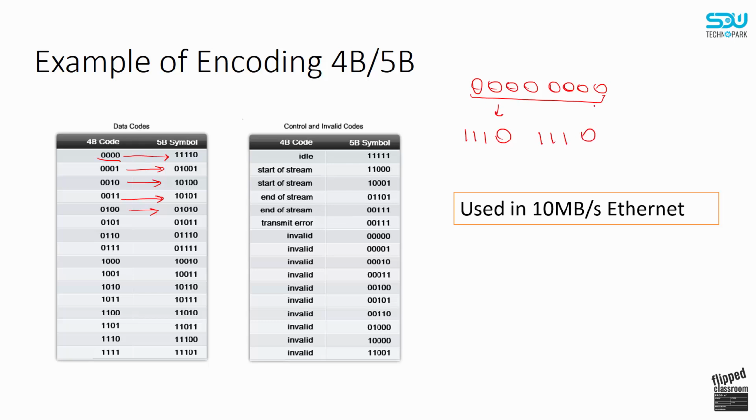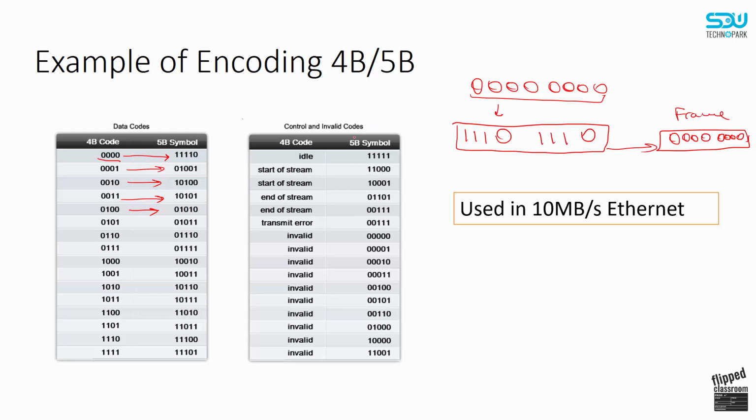So instead of sending this information, we will send this information. And at the end, when the receiving device receives these bits, it will decode them by using the same table, and as a result we will have the original data, and this is going to be our frame.